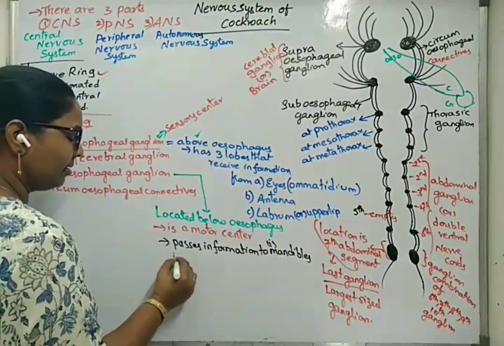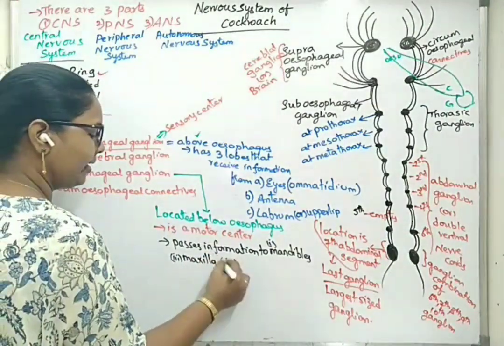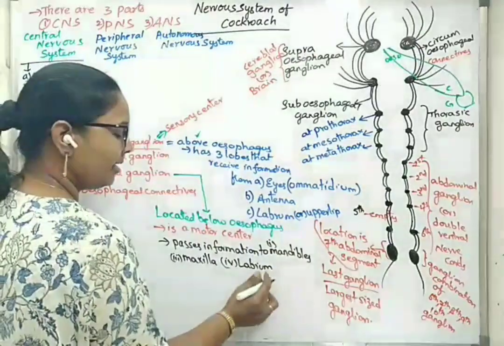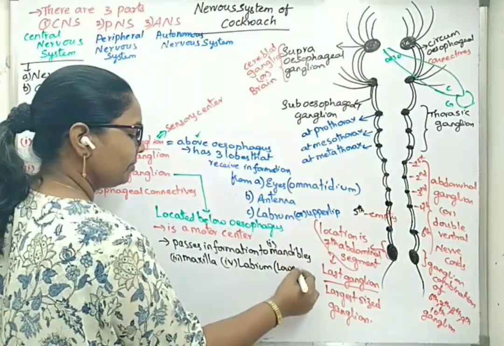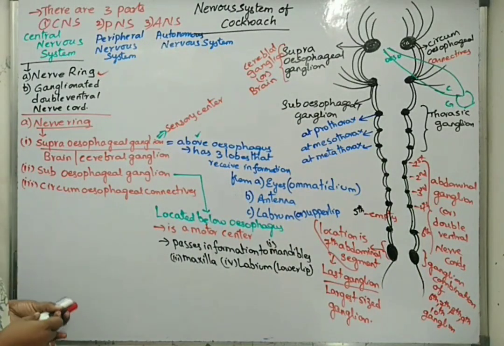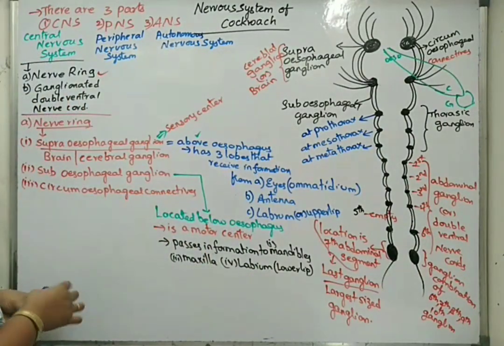Labrum is upper lip, labium is lower lip. To all these three segments, subesophageal ganglion passes information.